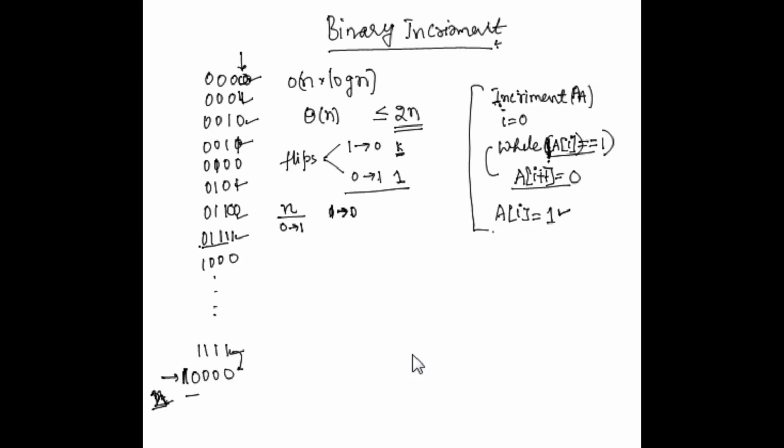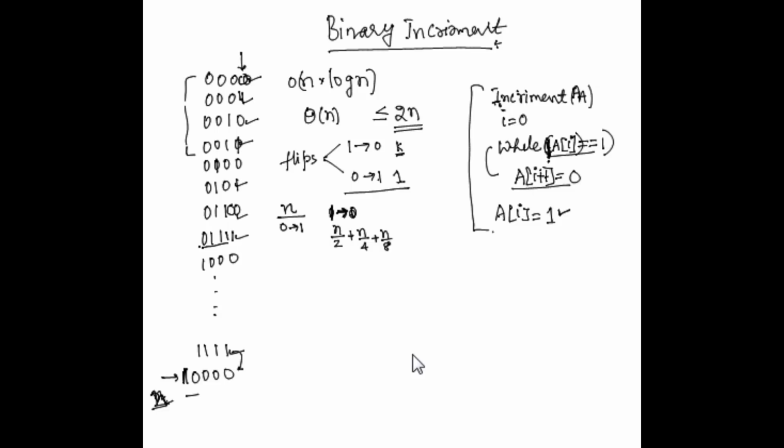Instead of n by 2, it will be n by 4 times that you are going to change it. So the total number of flips of the type 1 to 0 will be, in the first bit n by 2, in the next bit n by 4, in the next bit n by 8 times. Once in 4 iterations, you are going to change the second bit from 1 to 0, right?